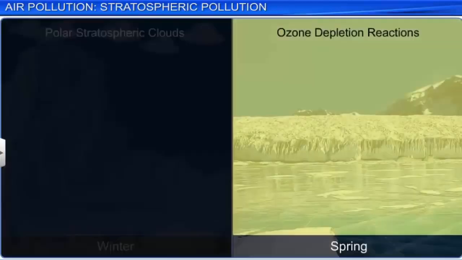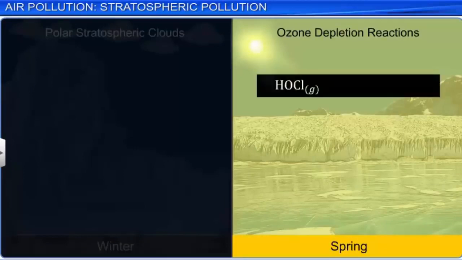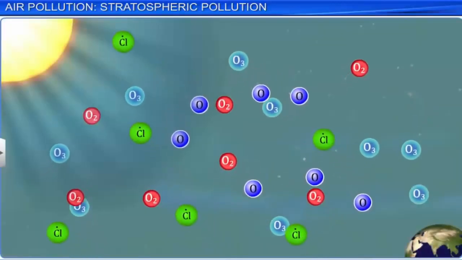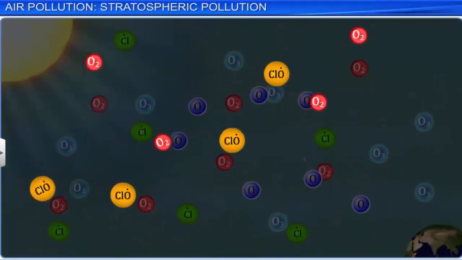However, during spring, in the presence of sunlight, the hypochlorous acid as well as chlorine molecules undergo further photolysis to form chlorine free radicals. Thus, in spring, chlorine radicals which are constantly added initiate the chain reaction. This free chlorine radical is initially removed by reaction with ozone to form chlorine monoxide.